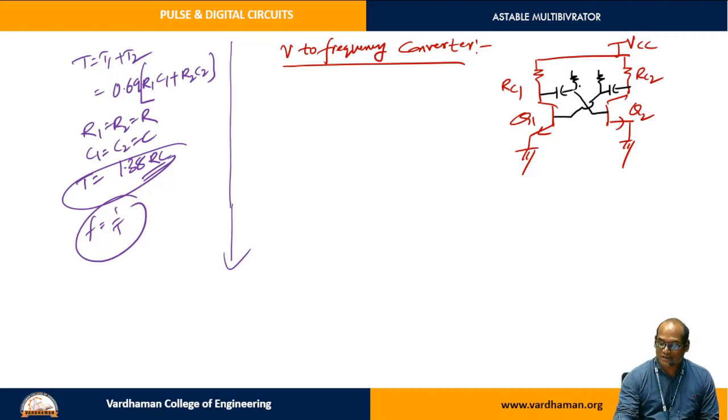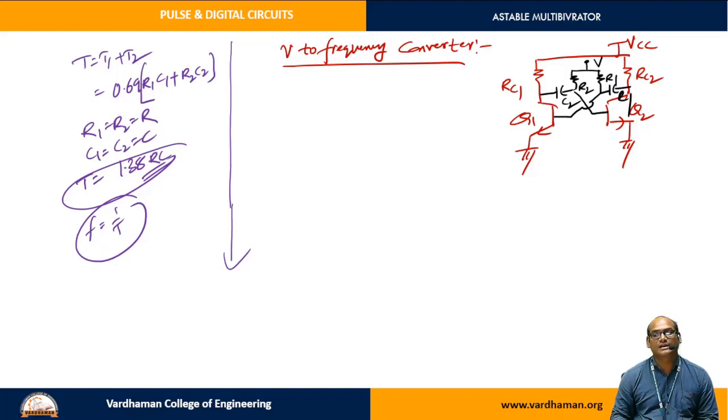This is called R2C2, and this is R1, this is C1, because they are connected to the base. Now these R1, R2 are not connected to the same supply VCC. These are connected to a different DC supply, capital V. This is the change we have made compared to the previous original astable multivibrator.